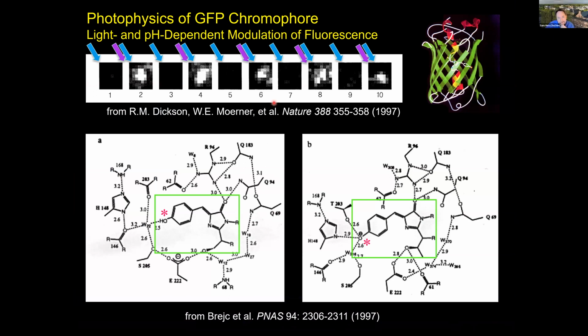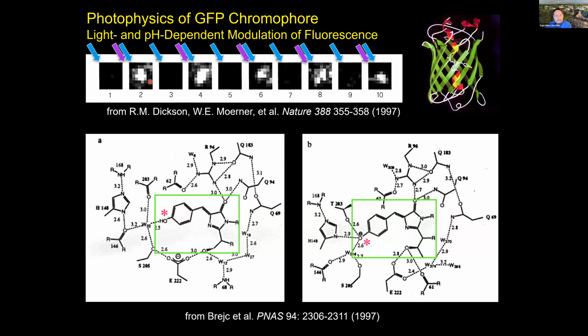So when I was a graduate student, the green fluorescent protein was becoming very popular, and the X-ray crystal structure had just come out, showing the chromophore could undergo transitions between a blue dim fluorescent version called the neutral form, with a proton on the chromophore, and the anionic form, which is green fluorescent, and the proton has moved to another location nearby.